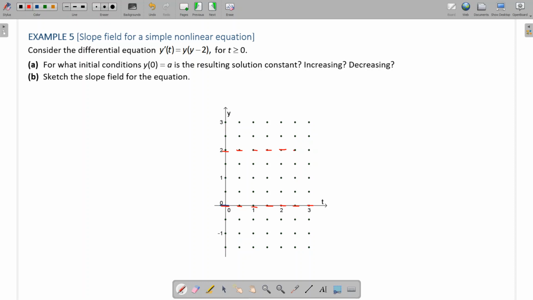The derivative is 0 when y is 0 and when y is 2, just plugging into this. Then let's do the value of 1. When y is 1, you get 1 times 1 minus 2, which is negative 1. So each of these are going to be roughly like this, connecting to get a slope of negative 1 there.